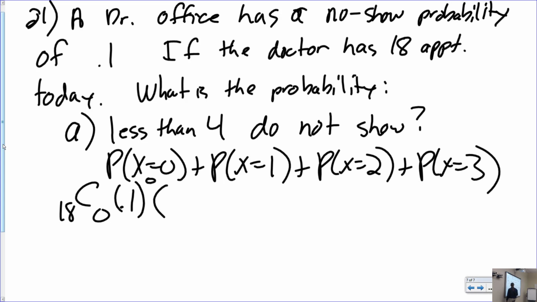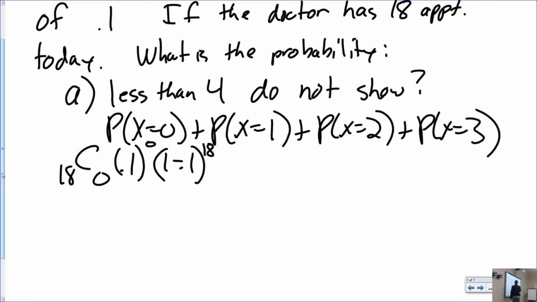What am I going to multiply it by? 9 tenths raised to the 18. 1 minus 0.1, and technically you guys can do that, 0.9, do that in your heads. And that's going to be to the 18th power, right? That's a quick calculation. And then you're going to add to it.